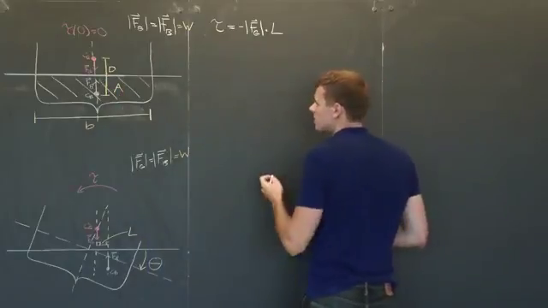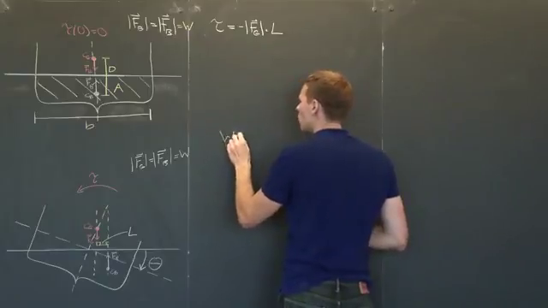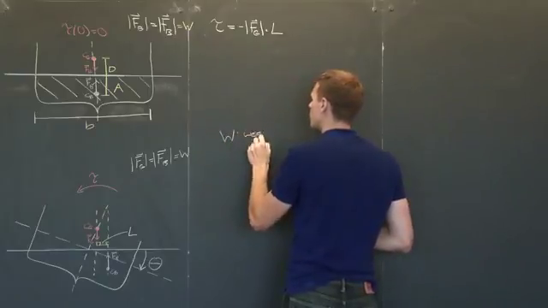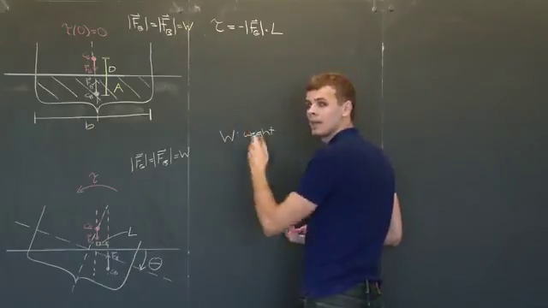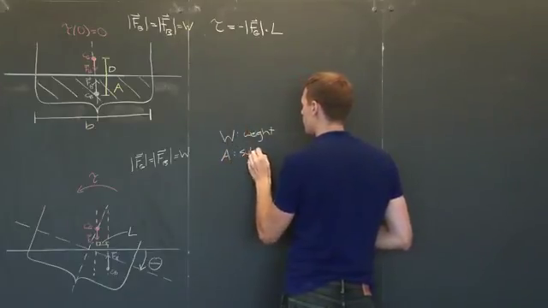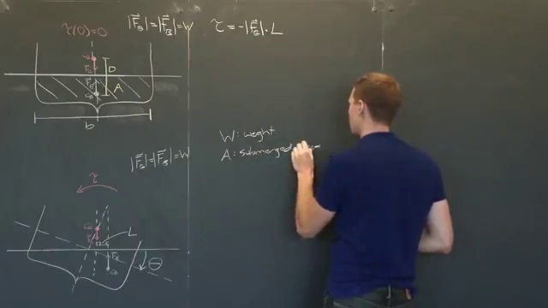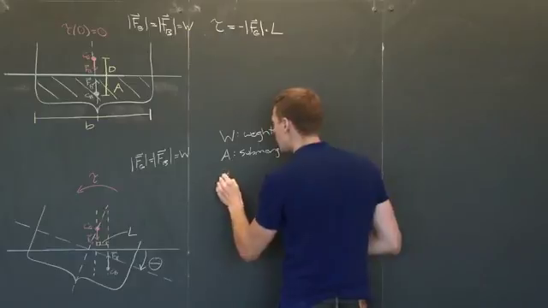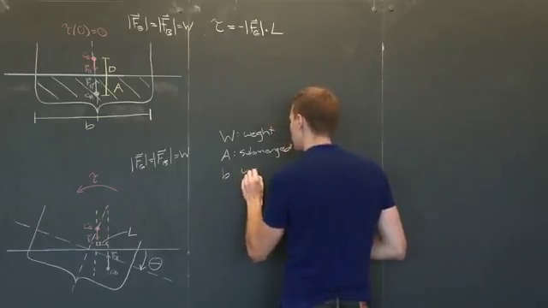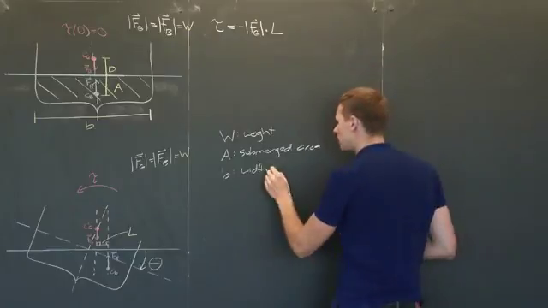To write all of these variables down again, we have that W is the weight of the boat, A is the submerged area of the boat, B is the width of the boat at the waterline, and we call it B because it's typically called the beam in the boat industry.